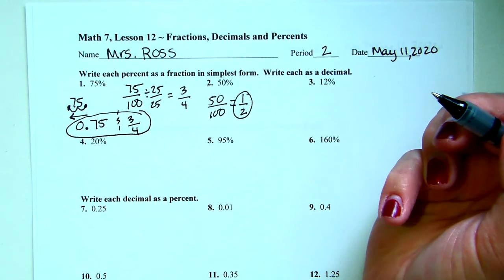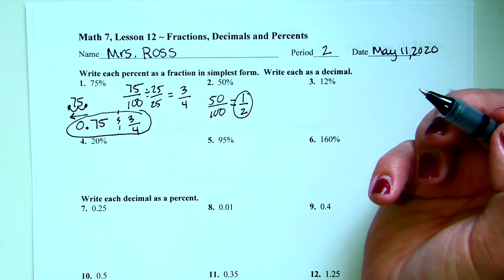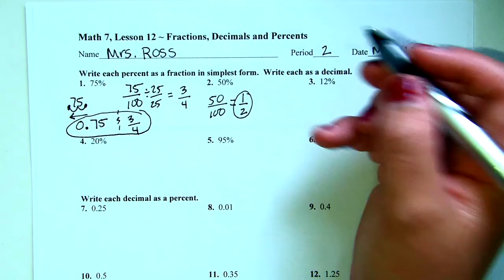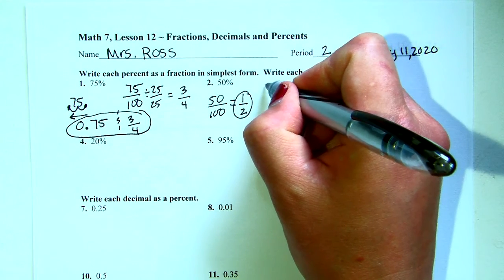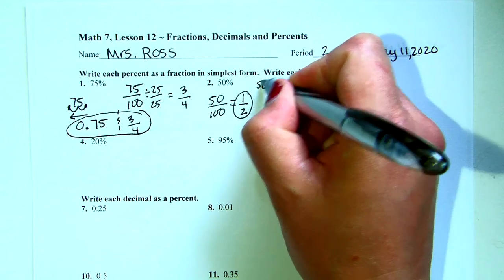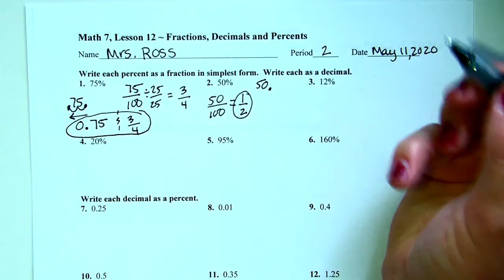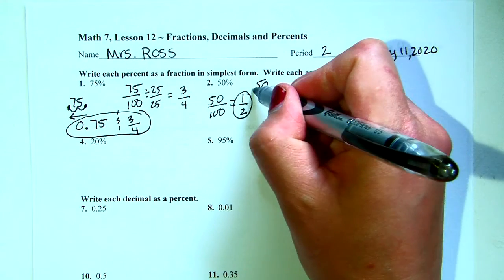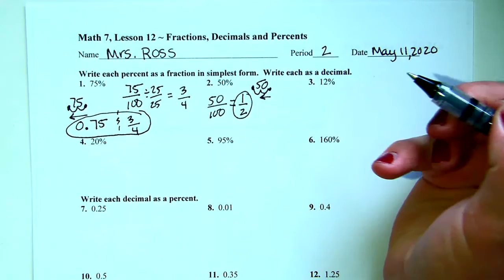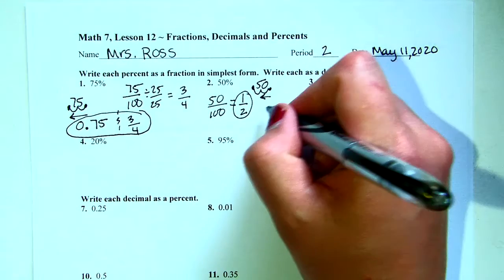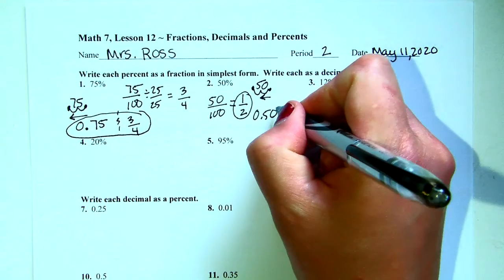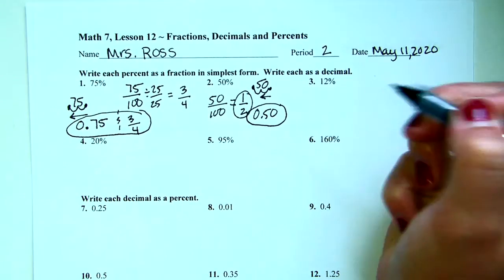Now, when we talk about turning it into a decimal as well, we're going to drop our percent sign, put a decimal in its place, move the decimal 2 places to the left, and we're going to be left with 0.50. So that is also my other answer.